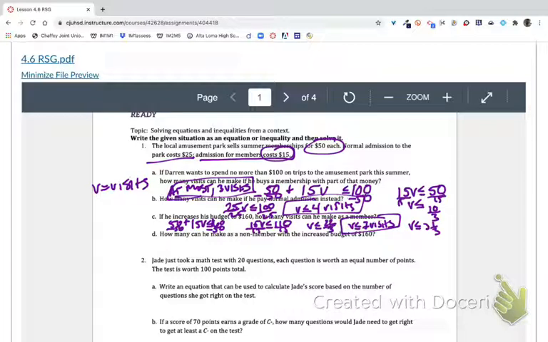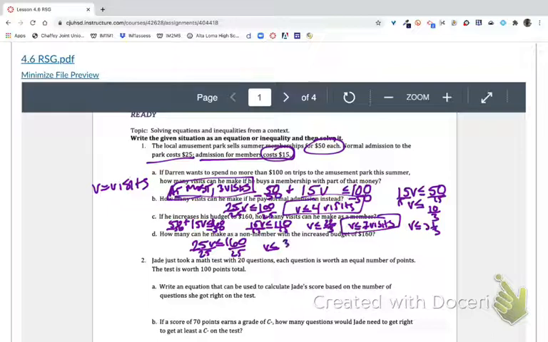As a non-member, just a regular old fella, $25 a pop. At 160, dividing that out on both sides, v is less than or equal to 160/25. Let's simplify it by dividing the top and bottom by the greatest common factor, which would be 5.